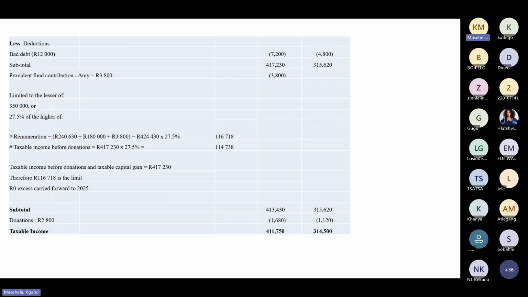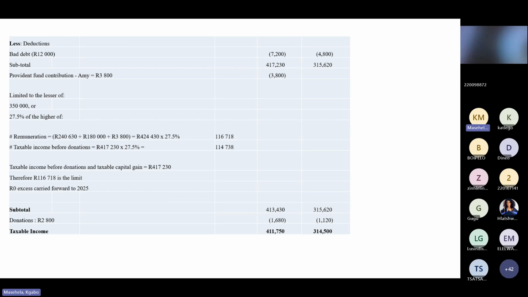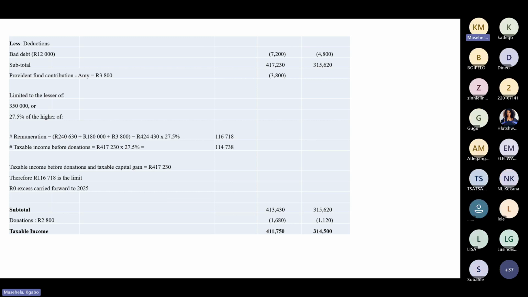Then let's see the calculations. 114, 116. Then the taxable income. Therefore, 116 is the limit. Therefore, look at this. After we have done all the calculations, remember, donation was done. And that donation must be split between the two using the profit sharing ratio.